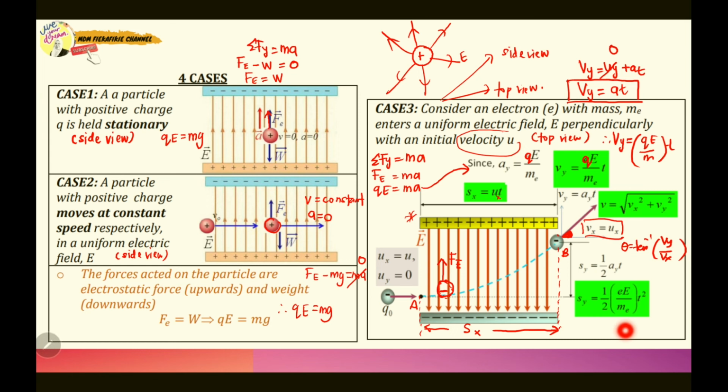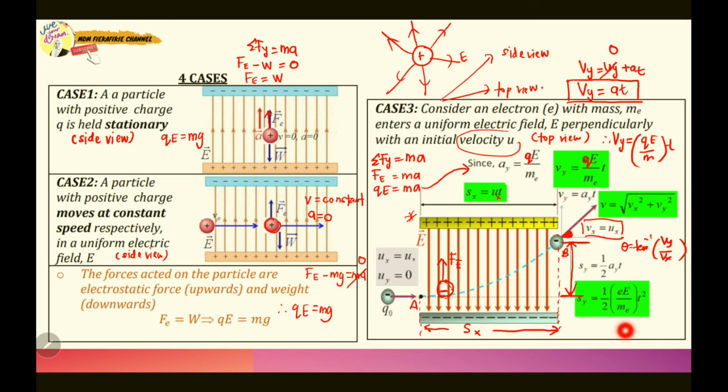So how about the vertical displacement? Since the electron is travelling from point A to point B, we can calculate the vertical displacement travelled by the electron. We measure this one, so it's equal to Sy. Remember the equation of Sy.